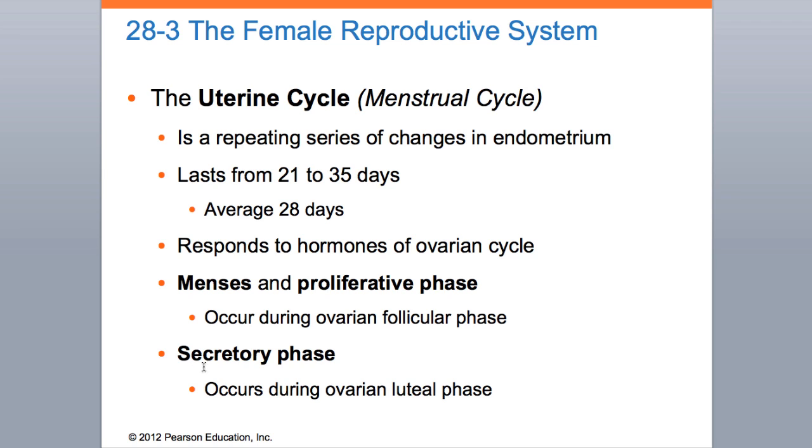All right, then we have secretory phase. During this phase, which is going to be after day 14, you're going to secrete. Now, what are we secreting? We're going to have the ovary, by way of the corpus luteum, to do what? Produce progesterone and estrogen.